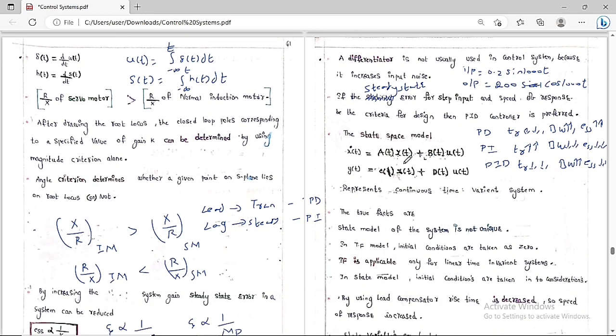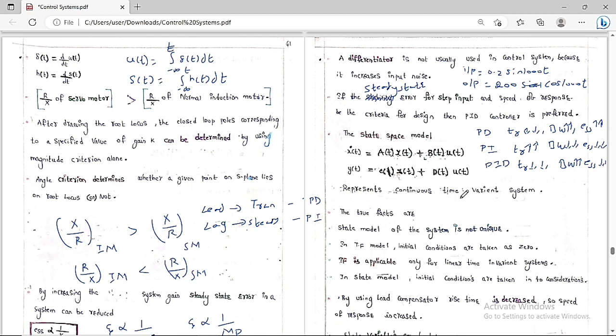The next point is the state space model representation: x dot of t is equal to A into X of t plus B into U of t, and Y of t is equal to C into X of t plus D into U of t. Suppose these constants A, B, C, D are also with respect to time, then it is going to represent the continuous time varying system, because everything is in terms of time and A, B, C, D are also varying with time.